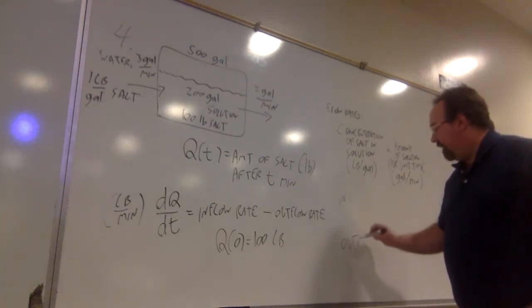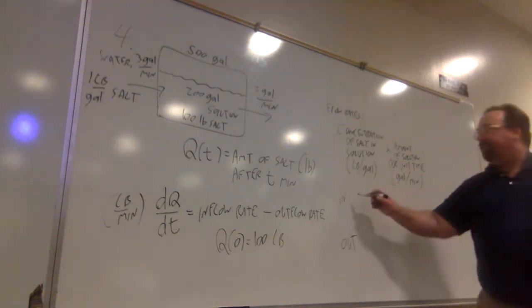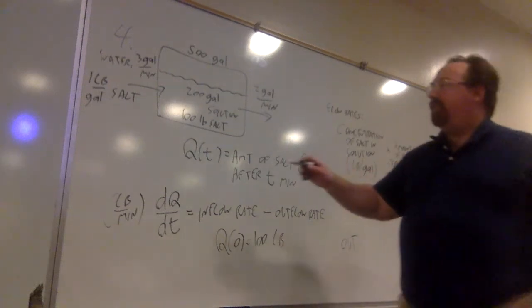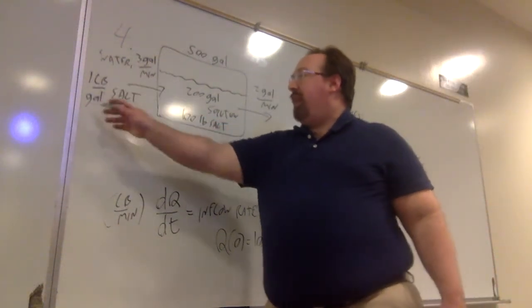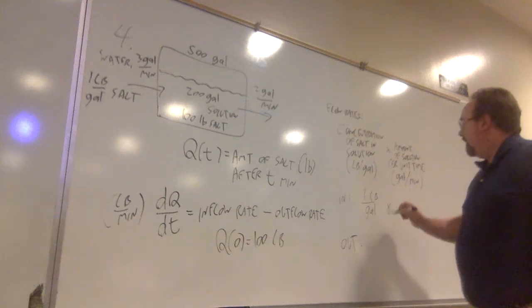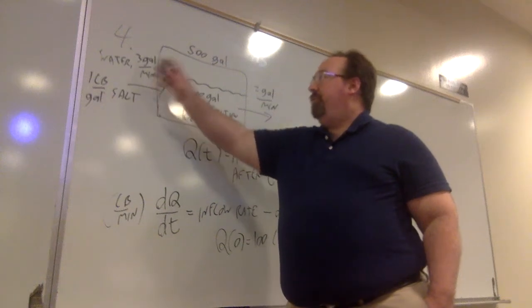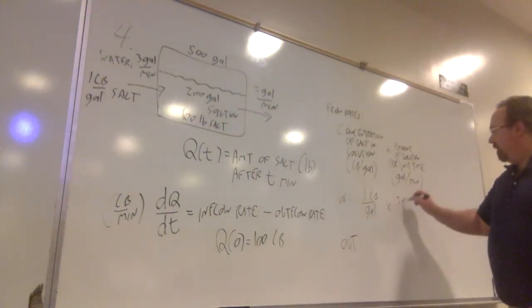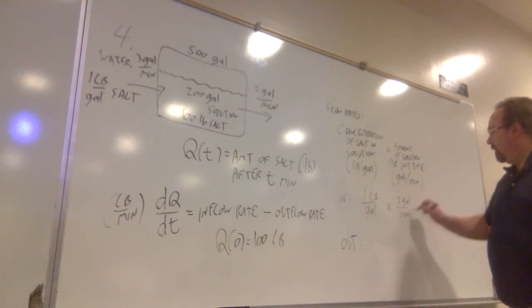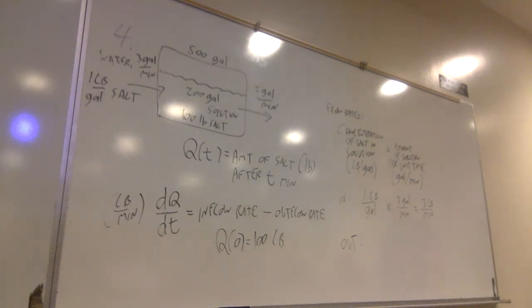So we'll handle those separately, in and out. So for the inflow rate, concentration of salt in the solution, you're told that what's coming in has 1 pound per gallon. And then the amount of overall substance of water plus salt per minute, so 3 gallons per minute. And we see that, let's multiply everything out, we have 3 pounds of salt per minute that is entering.